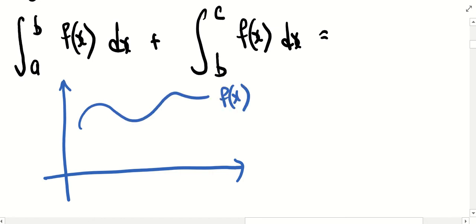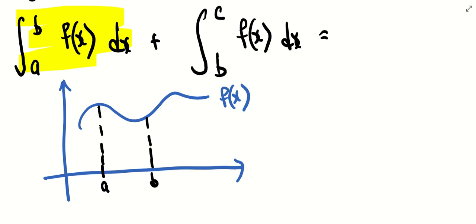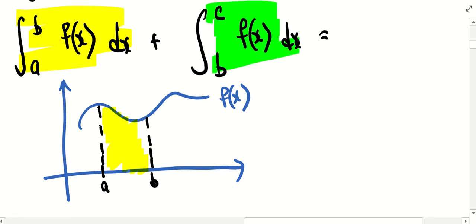Let's look at the first part on the left side. I want to integrate from A to B. So let me draw. Lower limit is A, upper limit is B. If I integrate the first portion, the area will be the one in the yellow one. Okay, how about the second portion? In green. Then I continue to integrate, but the lower limit is B.